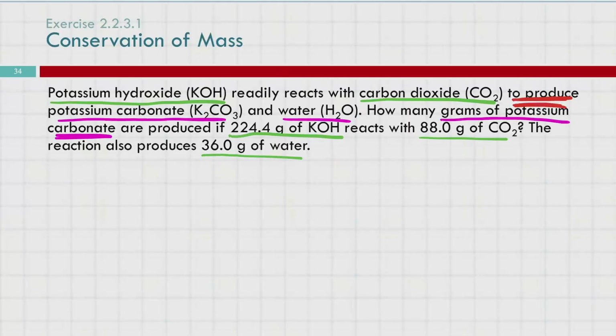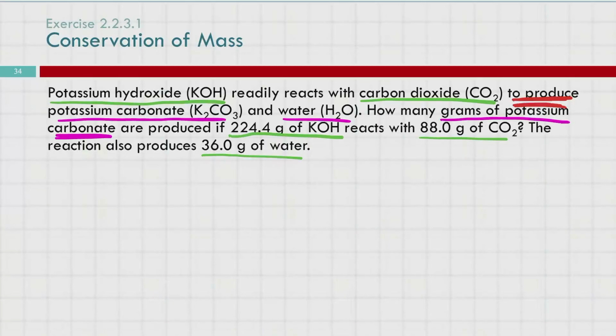So we have a lot of information packed into one question. What we need to do to start this problem, we know it's a conservation of mass problem, because it says up here. What we need to do to start this problem is set up our chemical equation. We need to know what reacts, we need to know what's produced, so that we can set the masses on both sides equal to each other to figure out our one variable.